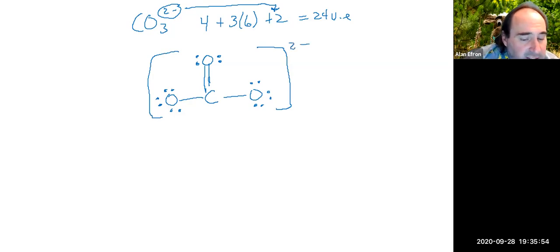Now, I could have just as easily brought my electron pair in for the guy on the right. And if I did that, I would get a structure that is the exact equivalent to it. It will look just like this, except that the double bond would be over here on the right-hand side.